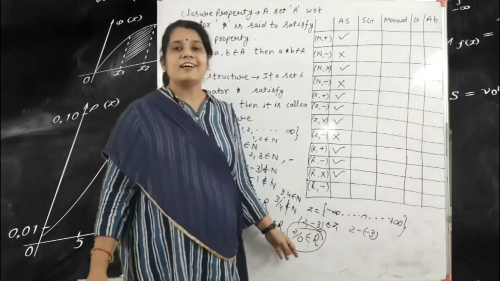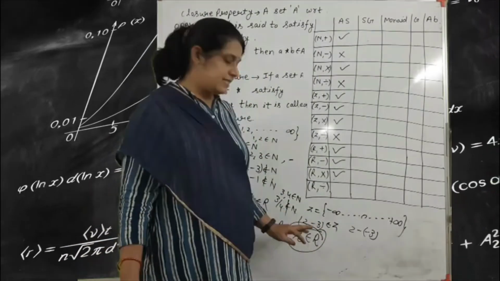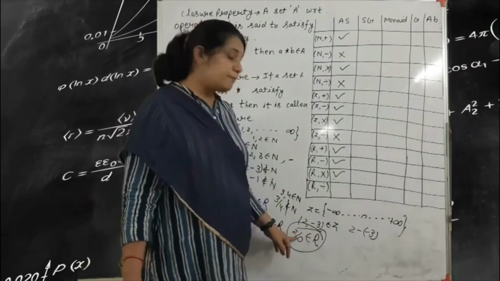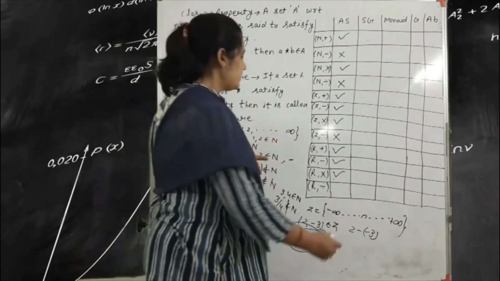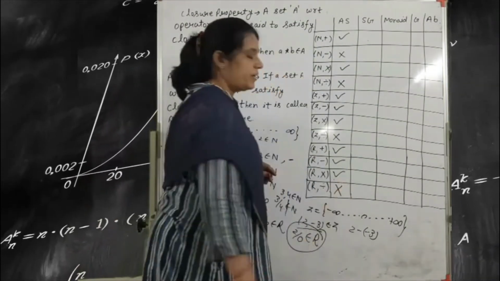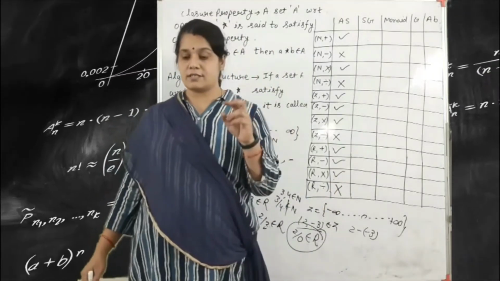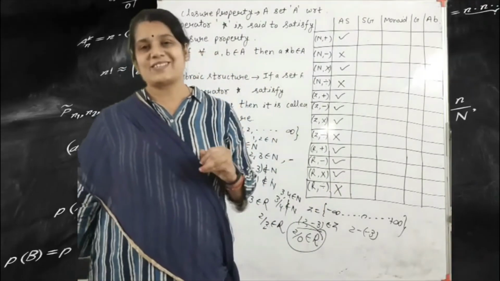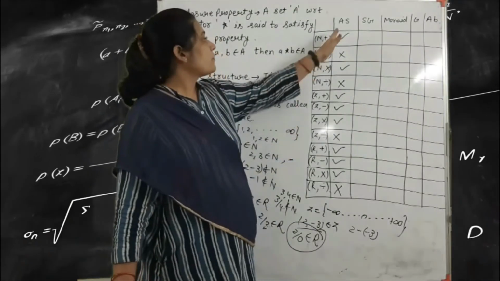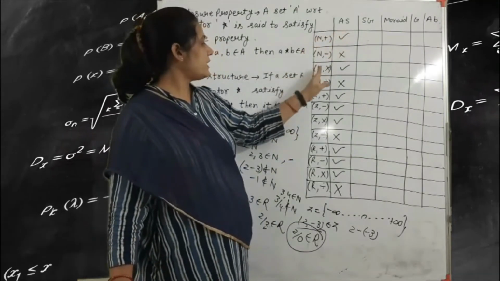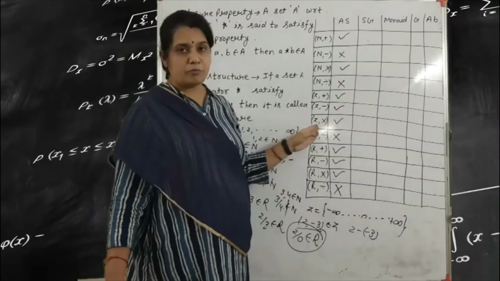This is undefined. Okay, 2 by 0. So with the example of 2 by 0, R with the operator divide is not an algebraic structure.